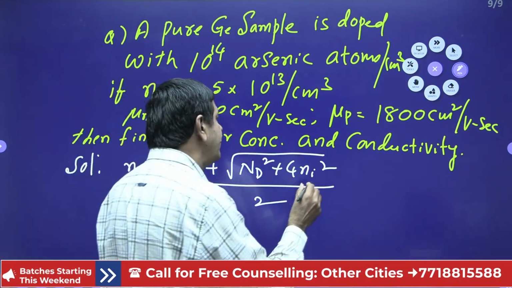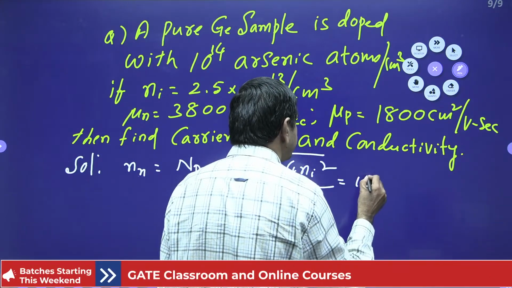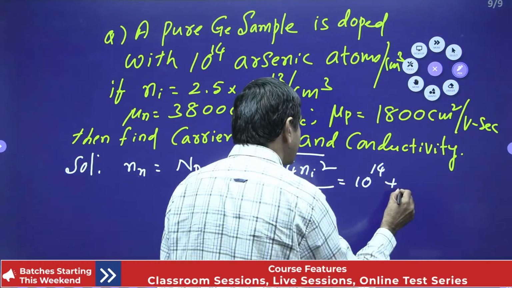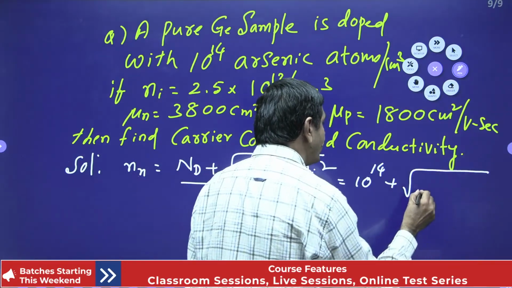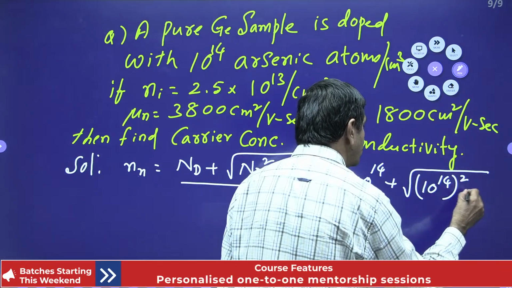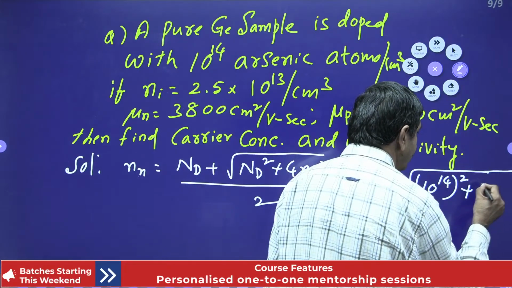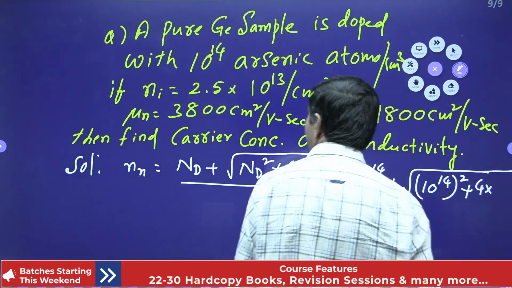So what is Nd here? Nd is 10 power 14. Nn equals 10 power 14 plus the square root of 10 power 14 whole square plus 4 Ni square. What is Ni?